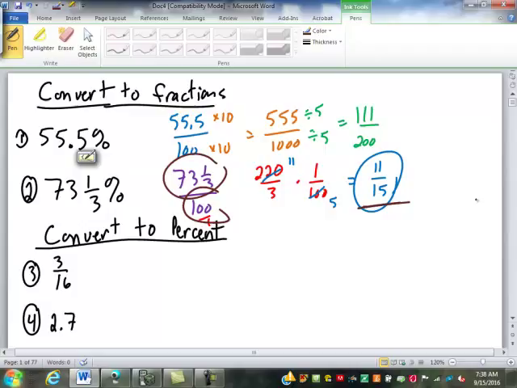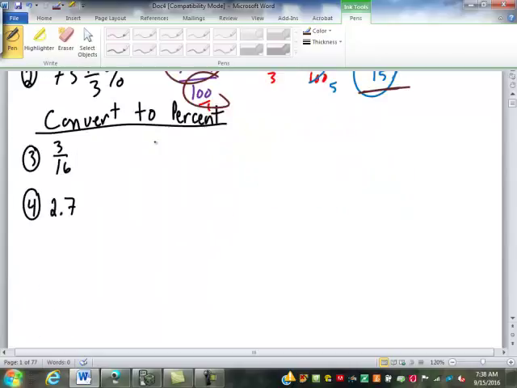Anybody get that one? Convert to percents, 3/16. 3 over 16. Or you could divide it out to a decimal and move it. Or we just use the proportion. 3 times 100 divided by 16 is 18.75.